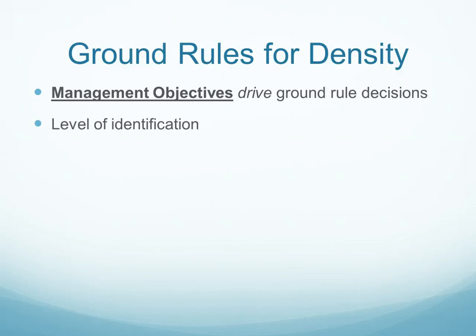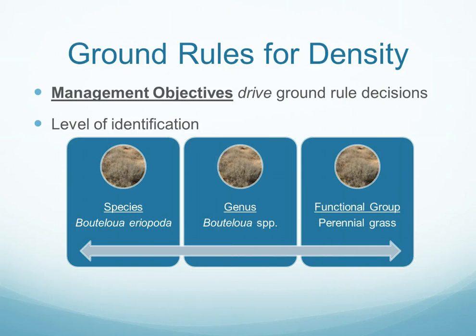Another important decision to be made and clearly stated is the level of identification. We're often interested in identifying individuals to the species level. This can be time consuming, especially if certain plant characters that are helpful for identifying species, such as inflorescences and fruits, are not available.